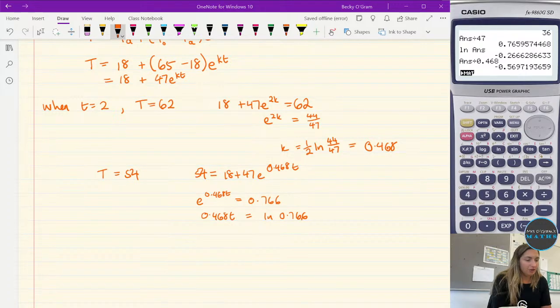Okay, I do not know where it is that I am going so wrong with this. I got down to this being like this, and then I got to the answer of t is 8.08 minutes.